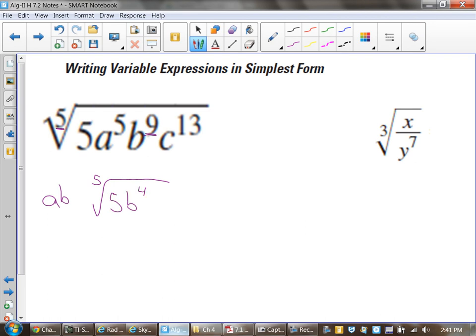And then how many times does 5 go into 13? And how many are left over? So what happens here is that you wind up with abc squared times the 5th root of 5b to the 4th c cubed. Is how that simplifies out. And notice, all I had to do was ask the simple question of how many times does 5 go into each of those exponents?